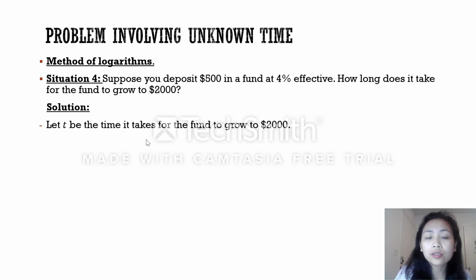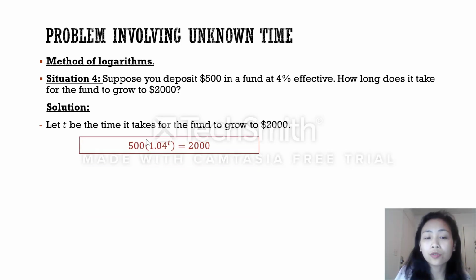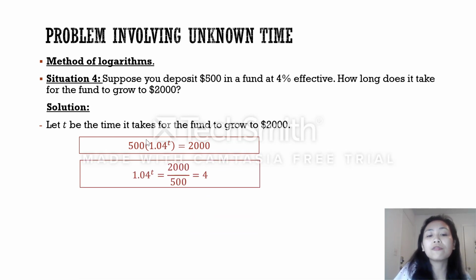So $500 deposited at time 0, up to time t, will be accumulated to 500 times 1.04 to the t. And because we expect to have $2,000 at time t, it is equal to 2,000. This is an exponential equation problem, so we are going to solve for t. First, we divide both sides by 500.